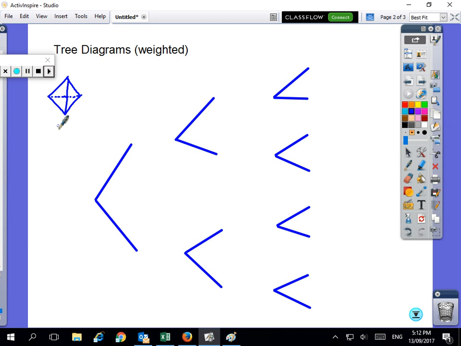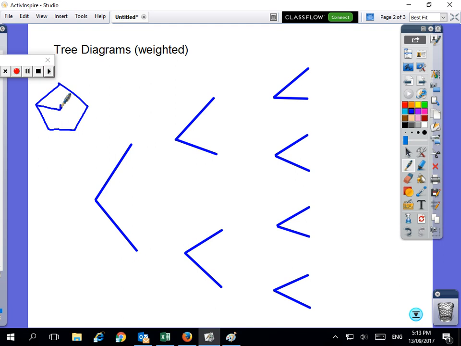Now, what if, it might be easier if I just go, well, what if it was a spinner with 4 sides? 1, 2, 3, 4. You know what? Bother that. I'm going to make it even uglier and say, sorry about that. What if I just say we make a spinner with 5 sides? That'll make it a bit nicer. Okay, a spinner with 1, 2, 3, 4, 5 sides. Toothpick in the middle.